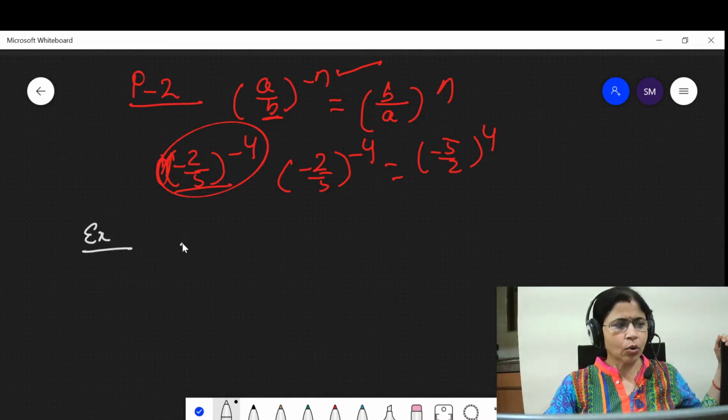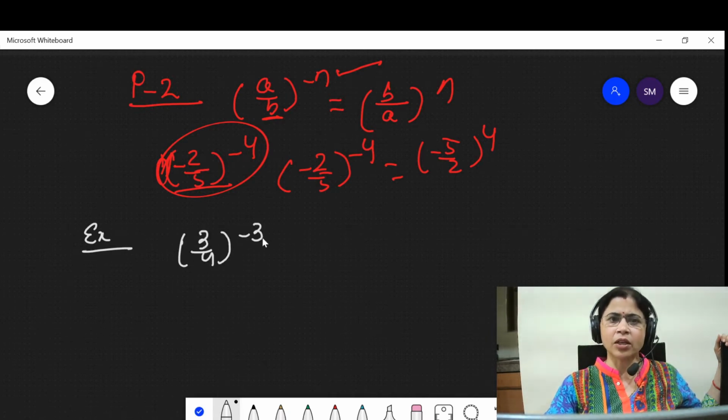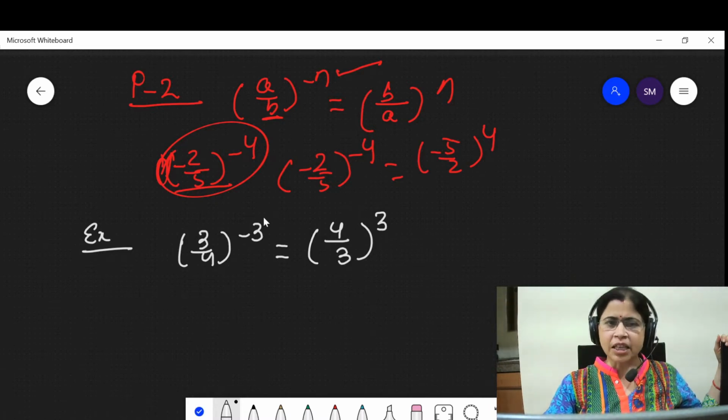Here the question is given: 3 upon 4 to the power minus 3. Here the exponent is minus 3. As I have told you, when the exponent is a negative number, you cannot find its value. Before evaluating this, at first change the exponent into positive. How can we change the exponent into positive?